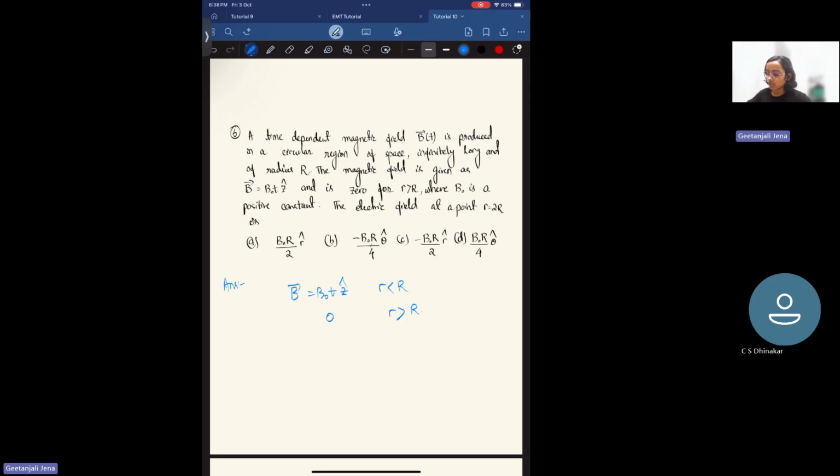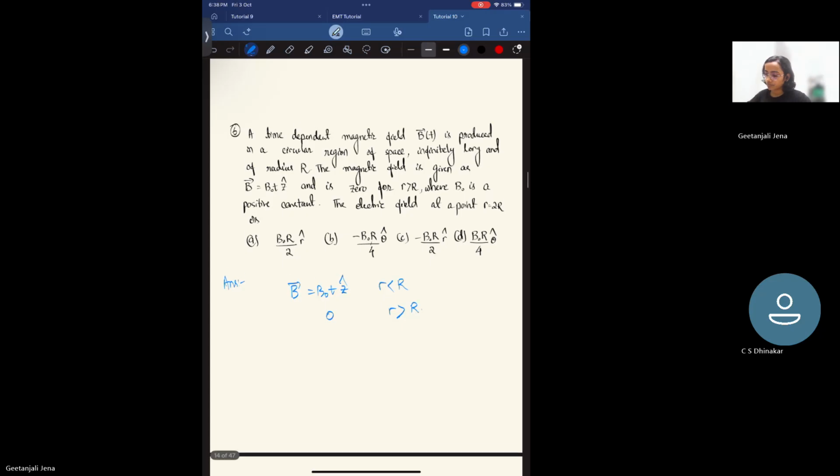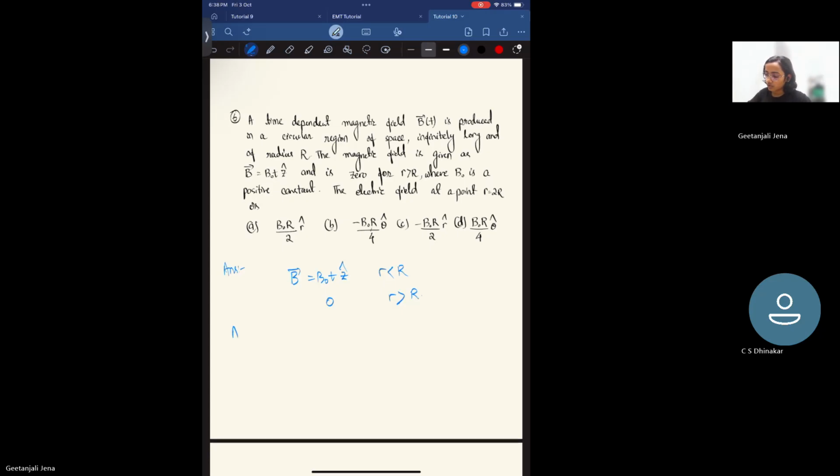Let us see how we can solve it. To find out the electric field, if you recall Faraday's law, whenever there is a change in magnetic field, there will be an electric field associated with it. So we need to use that equation.